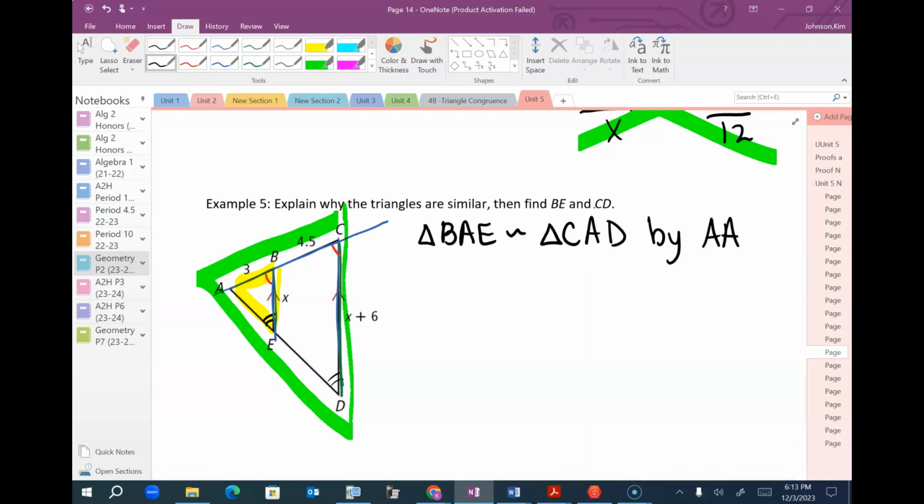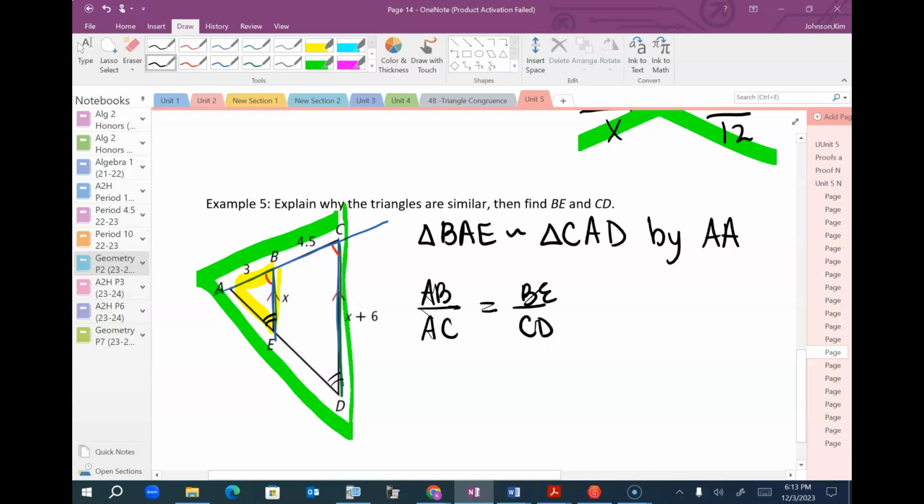I'm going to start with finding the length of BE. Actually, yeah, we have to find the length of x, so it doesn't matter. We're going to have to solve for x first. So side AB is to side AC, as side BE is to side CD.